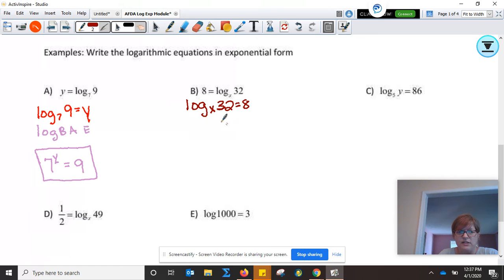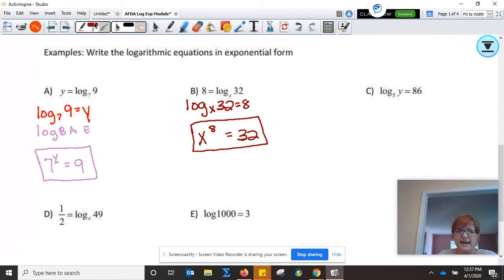That's log BAE: base x, answer 32, and 8 is going to be your exponent. So x to the 8 power equals 32.